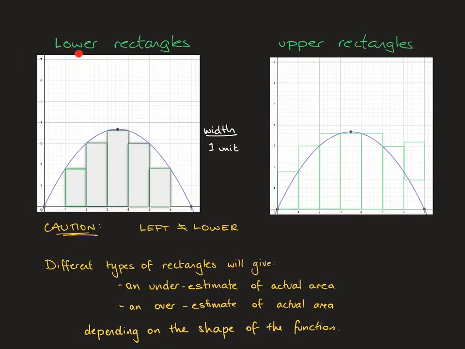So in this one we're going to do lower rectangles, and what that means is that again we're going to go between 1 and 6, that all of the rectangles sit underneath the curve, and that the height of the rectangle is determined by whichever side of the rectangle touches the curve first.